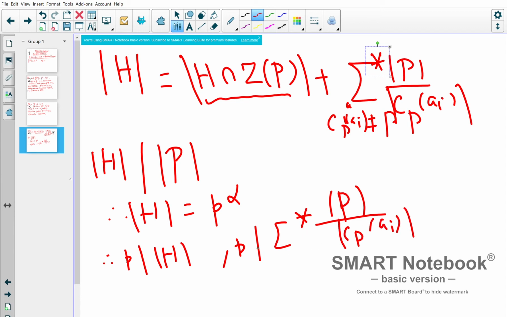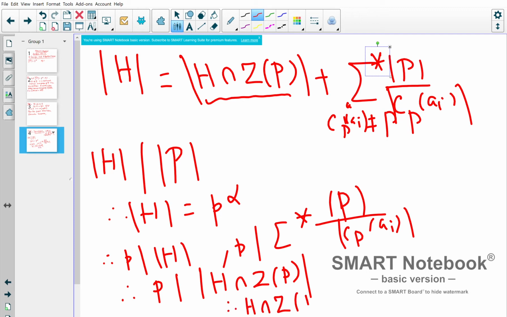Hence p divides the order of H intersection the center. Clear? So that means H intersection the center is always non-trivial. The proof is similar to the proof that the center is non-trivial, only now it is intersection with the center.